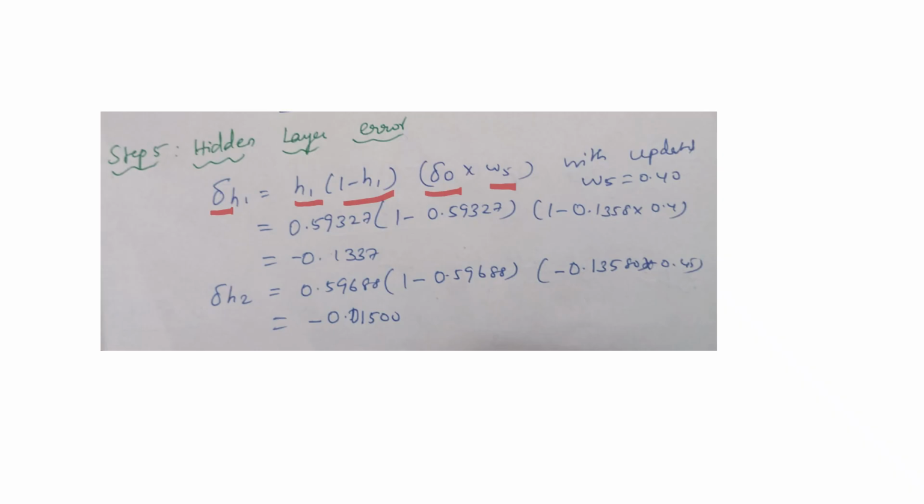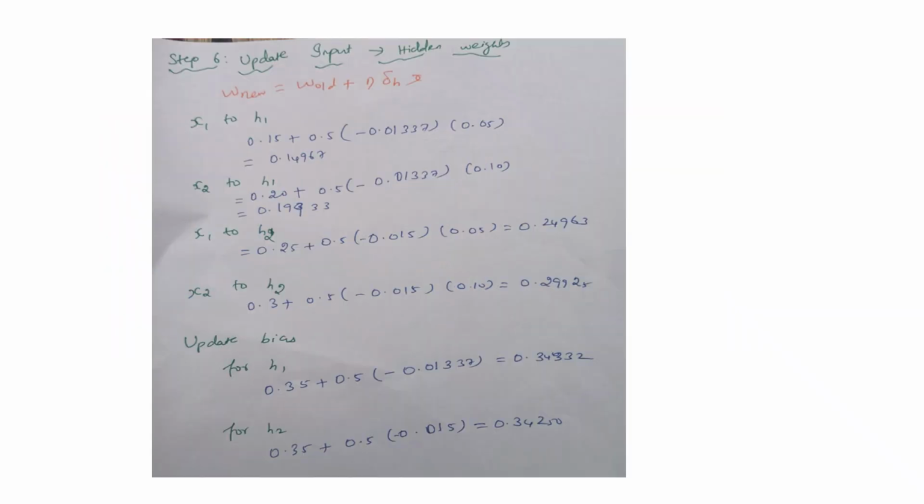In the same way, we calculate del H2, the error at H2. That means the output of hidden layer 2, then 1 minus the hidden layer output, and del naught, that means the output layer error, multiplied by the updated weight. We use the values calculated previously for the hidden layer neurons.